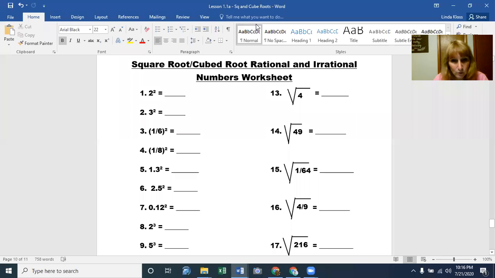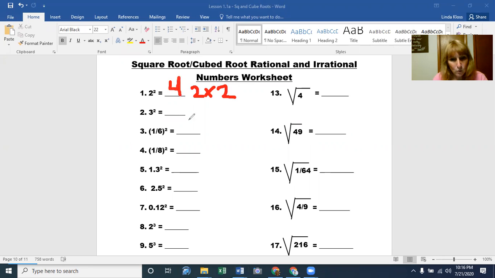Bring down my tools here and get a nice color. So 2 squared is the same as 2 times 2, right? So what is 2 times 2? Well, it's 4, correct. What about number 3? 1/6 squared.